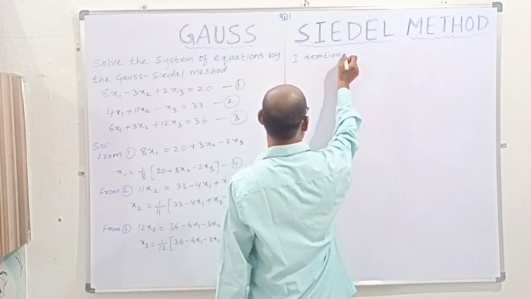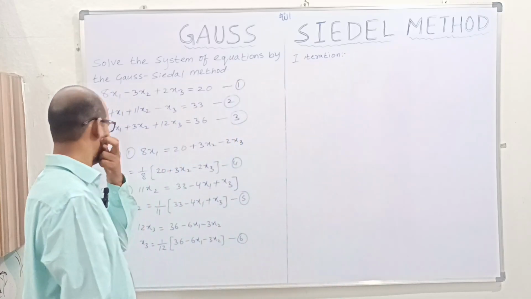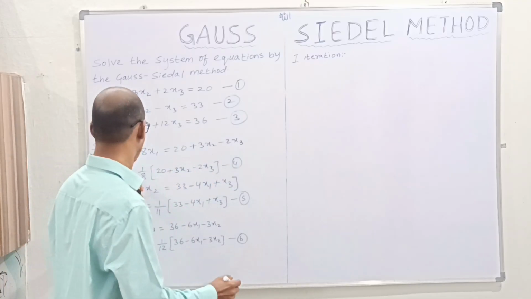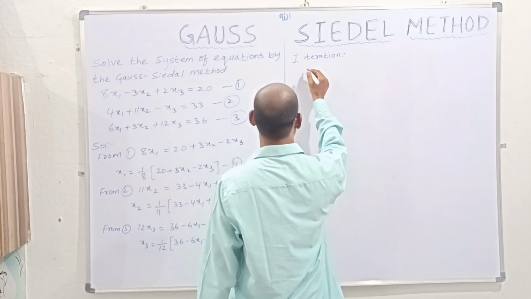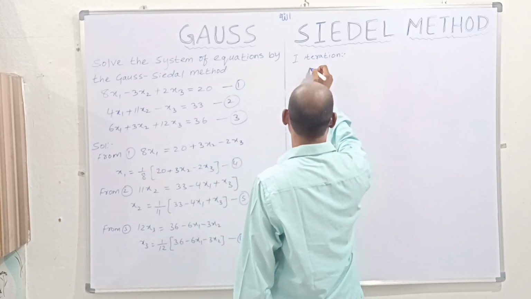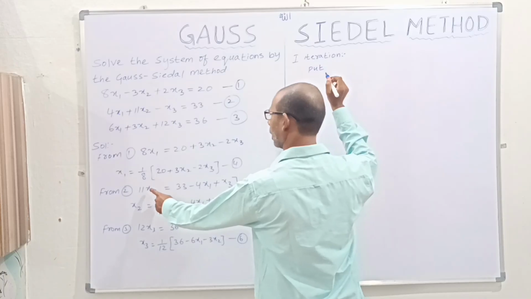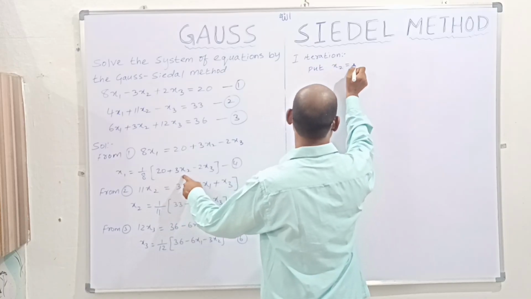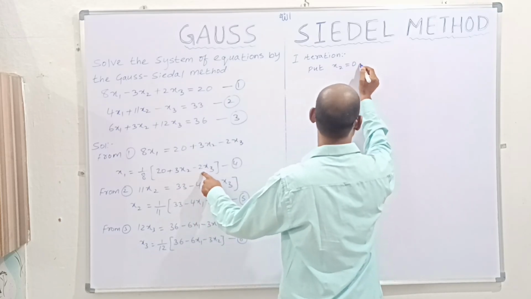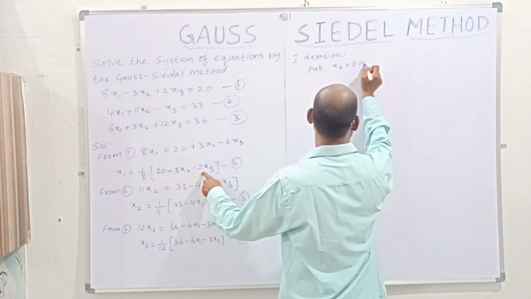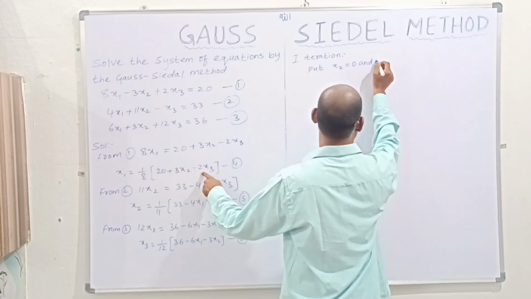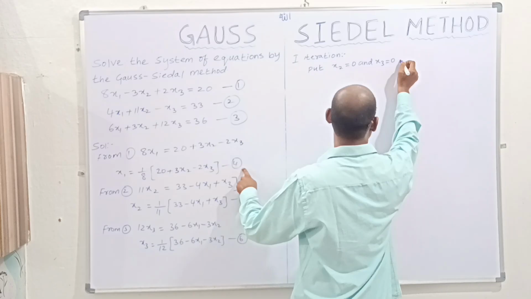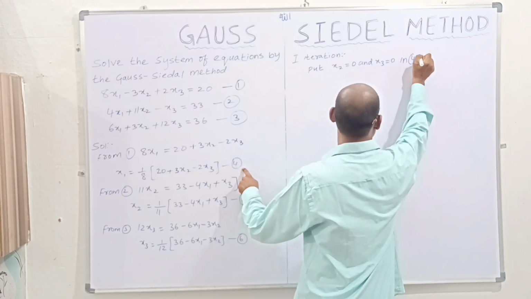For the first iteration, to find the value of x1, put x2 equal to 0 and x3 equal to 0 in equation 4.